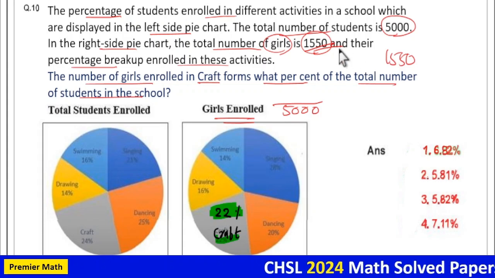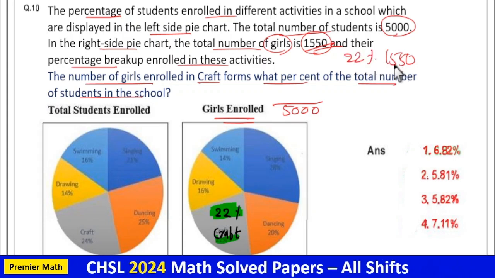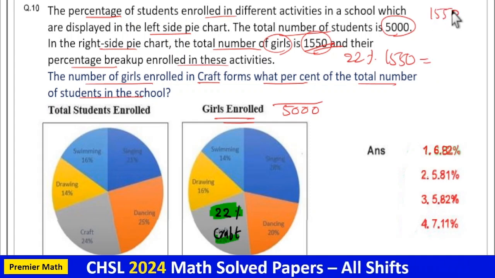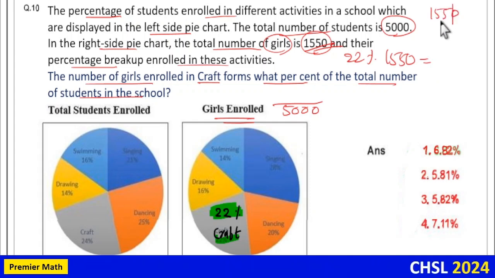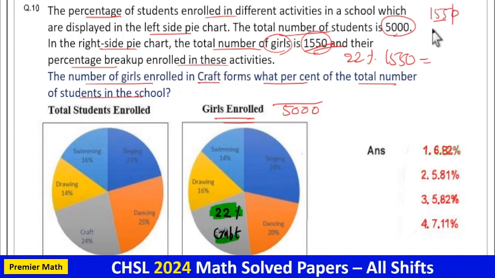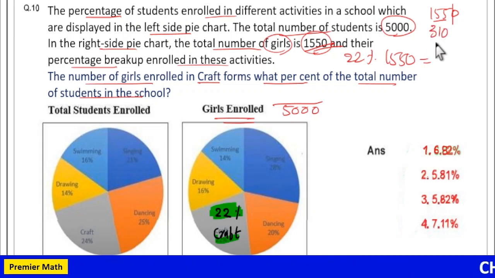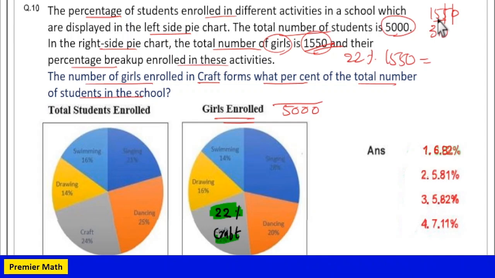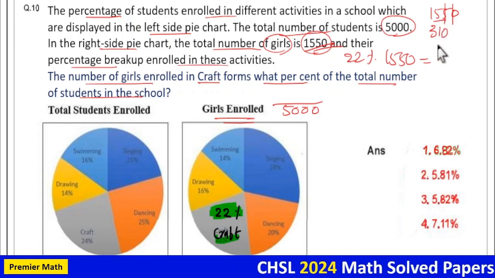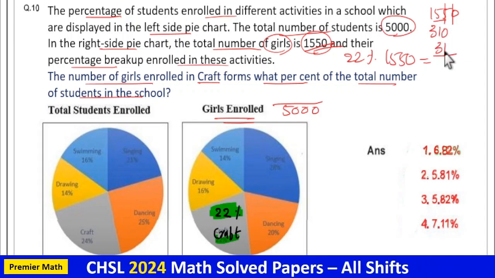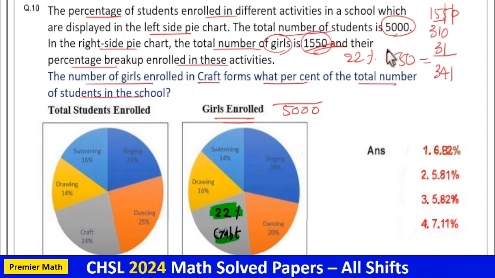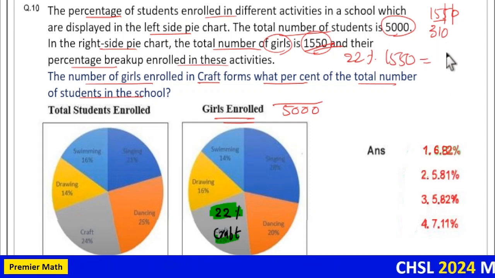So we need 22% of 1550. 10% of 1550 is equal to 155. So 20% is 310. Then 1% is equal to 15.5. So 2% is 15.5 into 2, that is 31. So 310 plus 31 is equal to 341. So 22% is equal to 341.